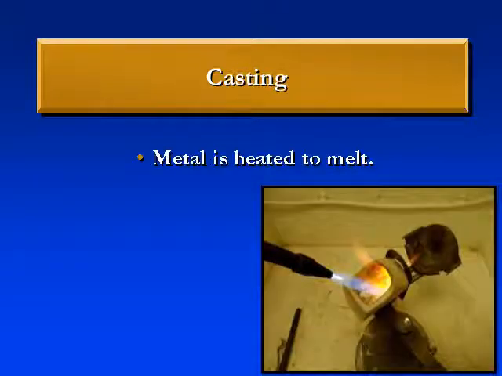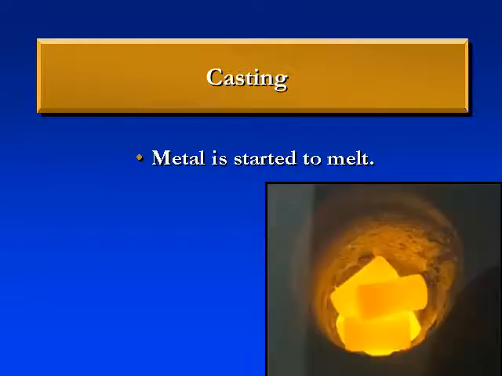So during the casting procedure, we place the metal inside a special equipment for the purpose of casting. We start heating it by special flame in order to make it melt.